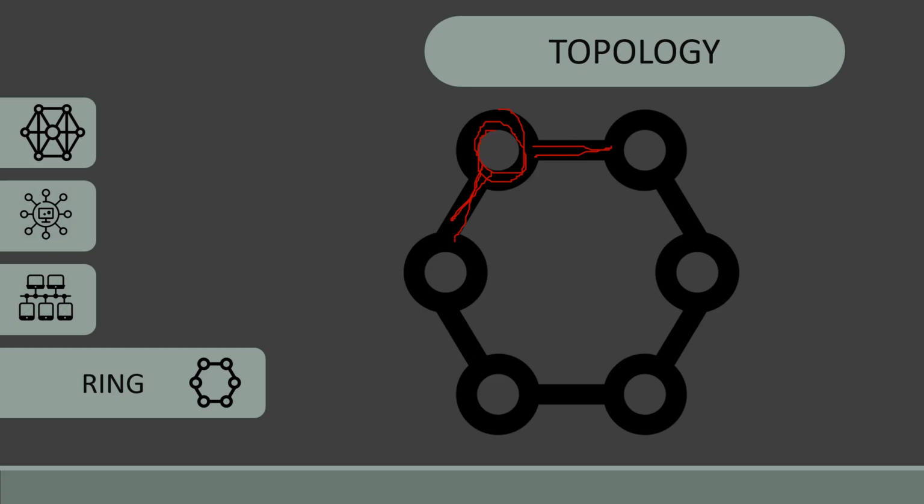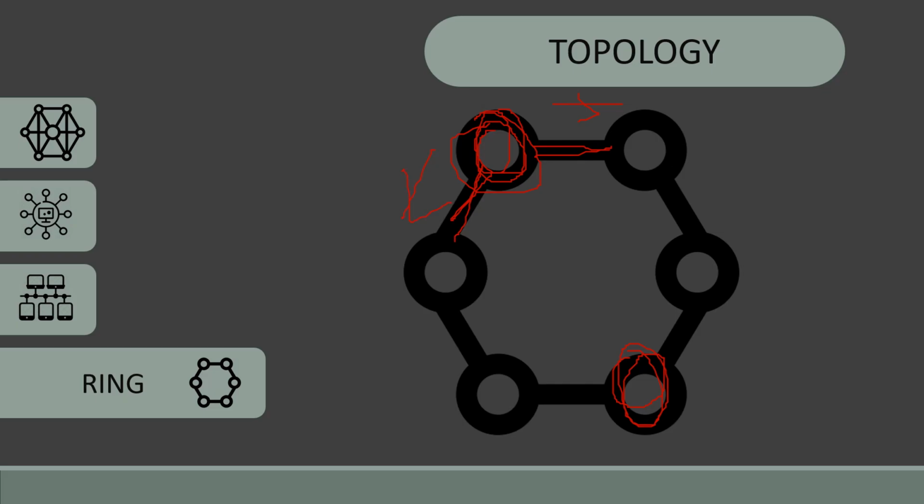So the chances of collision in this type of topology is very less, because the data will travel only in one direction. Like if these nodes wants to share data to this node, the data will either go from this direction only or this direction only.